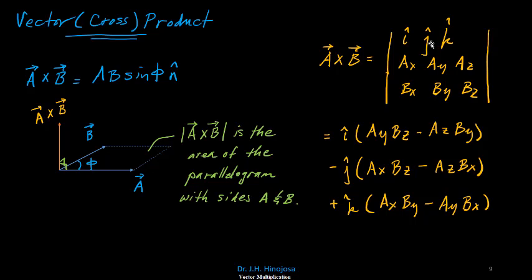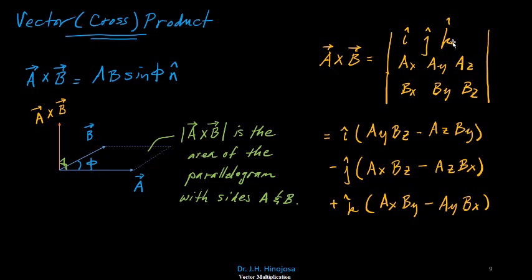Next, we take minus j, because it's the second column. The first column is positive, the second is negative, the third is positive, and so on. So they alternate in sign. Here, then, it's a negative j. We ignore the first row and the second column and only consider ax times bz minus az times bx.